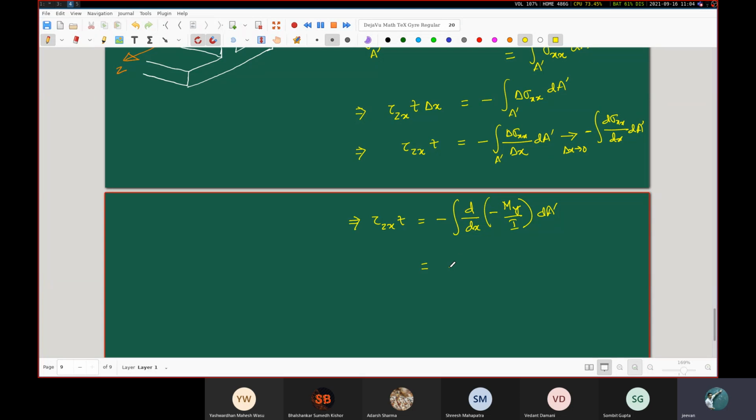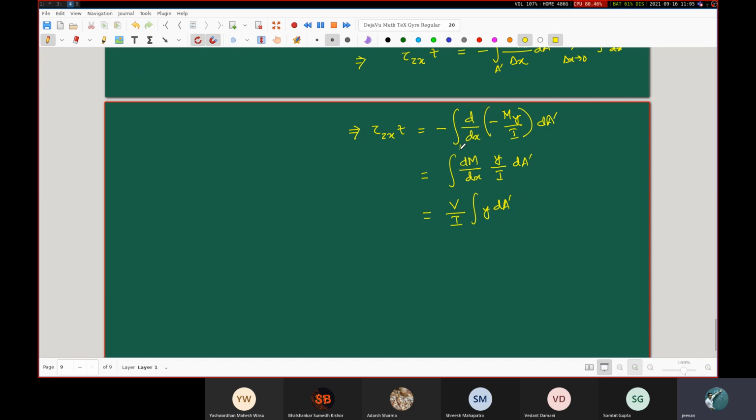And you see this minus and minus cancel. I will quickly write this as dM dx, y by I, over this cross-sectional area A dash. This I does not vary. This dM dx is equal to V, and that V is also a constant over the cross-sectional area. So what I obtain here is V by I, integration y dA dash, and y dA dash over the area A dash is nothing but the first moment of area, the familiar thing which we have been discussing till now, that is the Q.